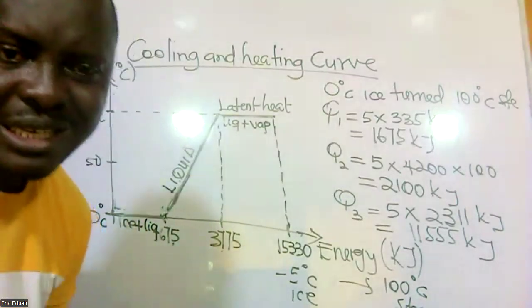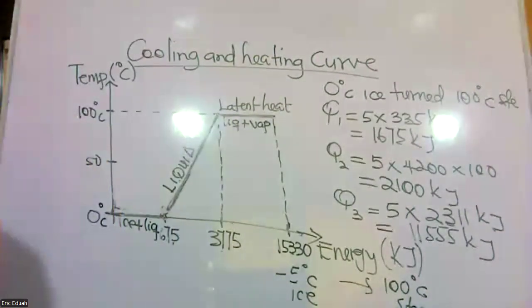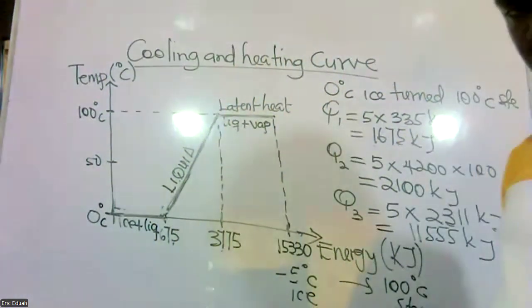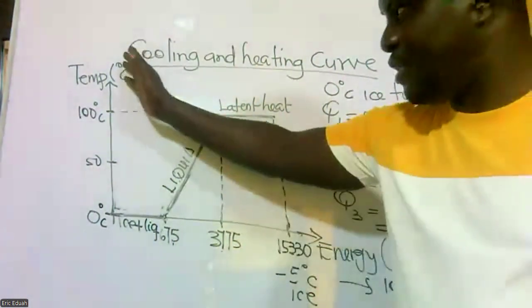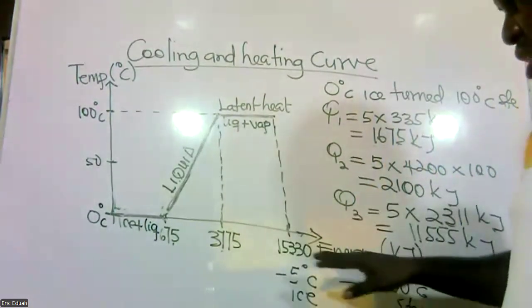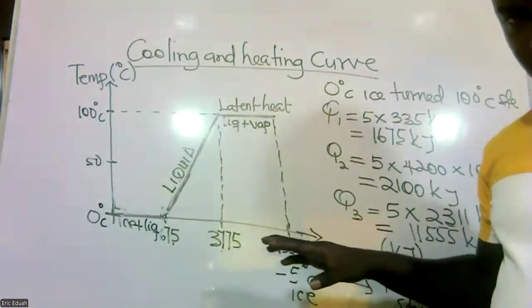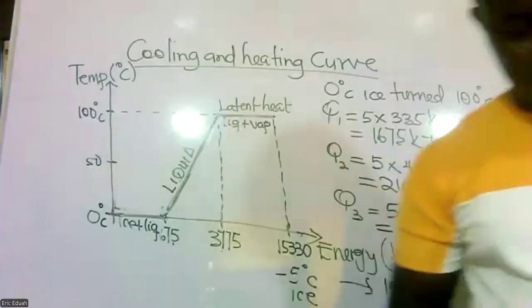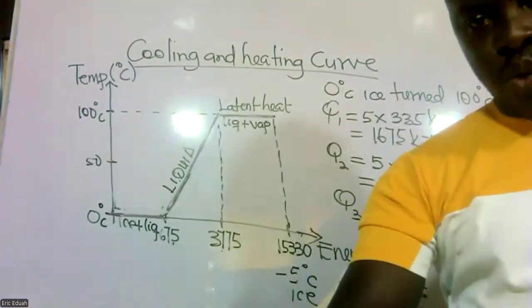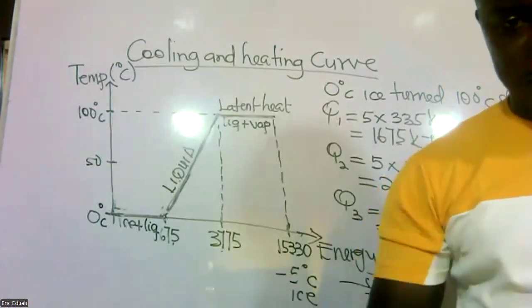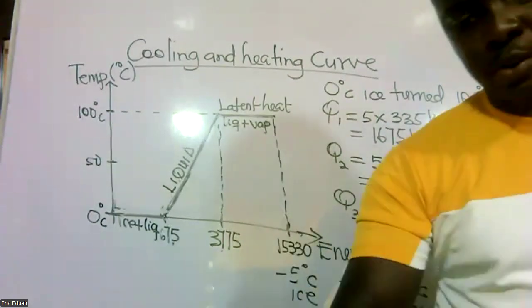When you finish, take a shot and send it to me. So plot a graph of temperature on the vertical, heat energy on the horizontal. Then when you finish, take a shot and send it to me, whilst I look for other questions to try with you under this. We've done heating, so I'm looking.